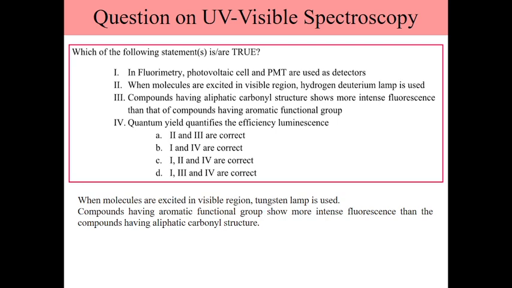For fluorescence spectroscopy, xenon lamp is used, but for absorbance spectroscopy, we use the tungsten lamp, right? So if xenon lamp was written here, that would also be correct. Compounds with aromatic functional group show more intense fluorescence, right? So definitely 1 and 4 are correct and 2 and 3 are wrong.